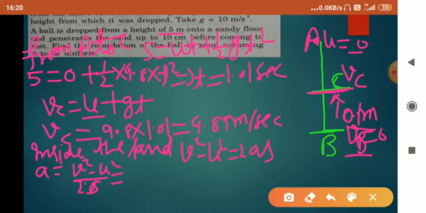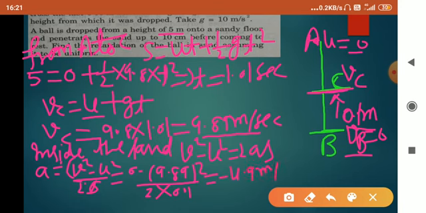So vb is 0 and vc is 9.89 meter per second. From this equation, we have 0 minus 9.89 square upon 2 into s, distance is 0.1. On solving this equation, we have a is 4.9 meter per second square. This is the retardation of the ball. Clear?